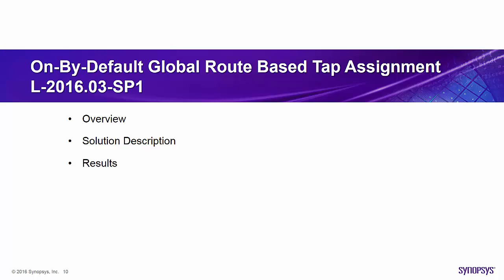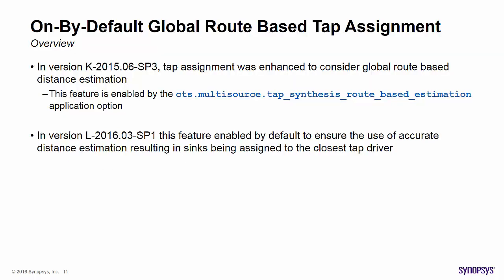In 2016-03 SP1, global route-based tap assignment is on by default. Let us go over this feature now. Tap assignment considering global route-based distance estimation was a feature in version 2015-06 SP3.